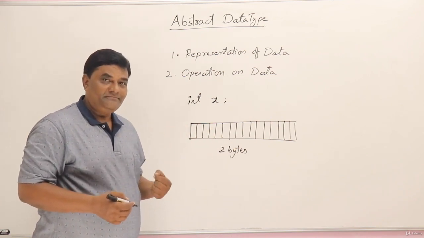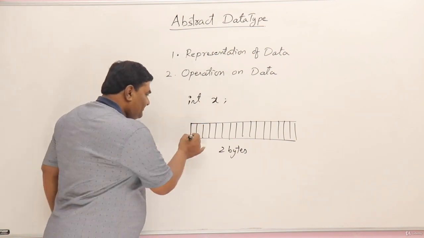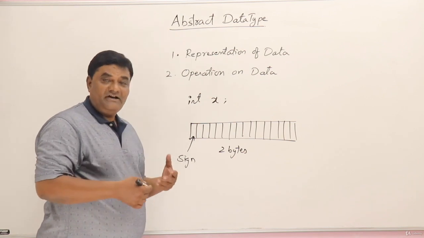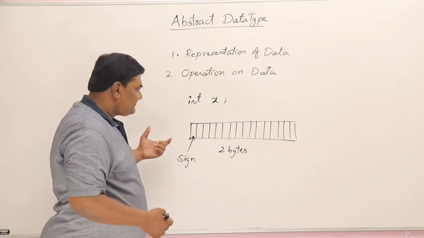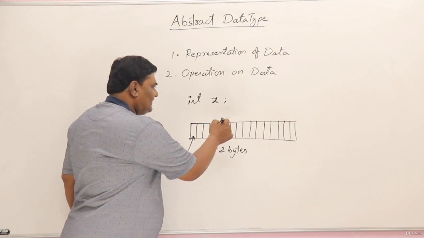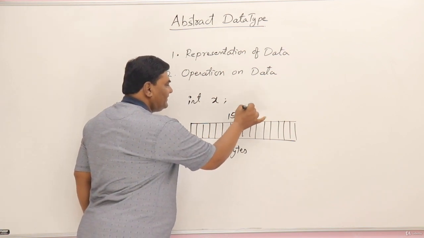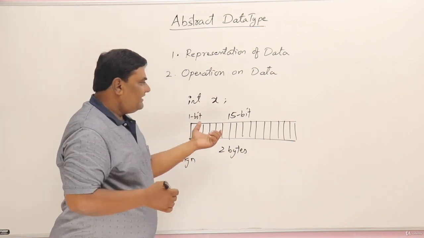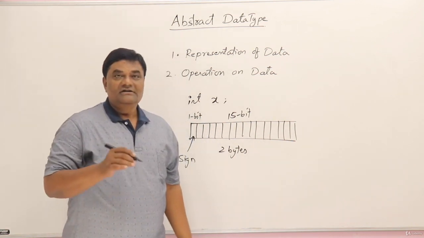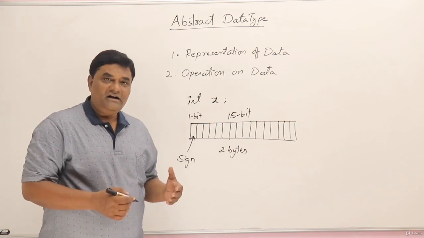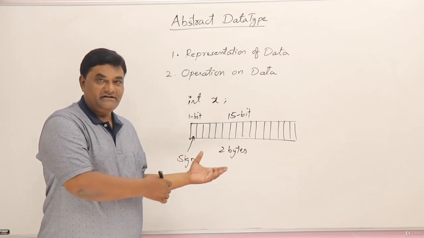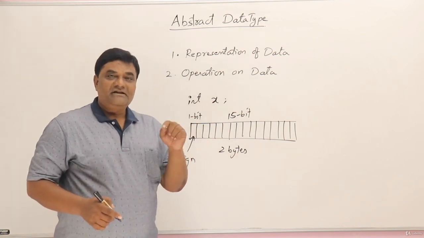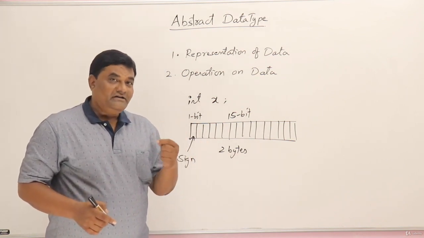In this, 1 bit is reserved as sign bit to allow both positive as well as negative numbers, and the rest of the 15 bits are for storing the number. This is how an integer is represented inside the memory in 2 bytes. So this is the representation of integer data type.